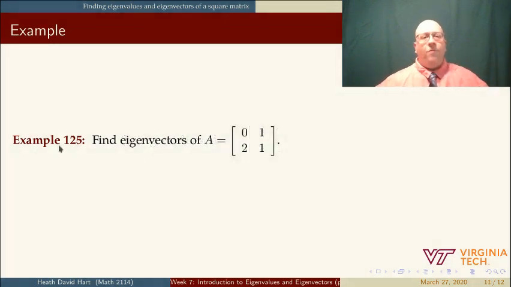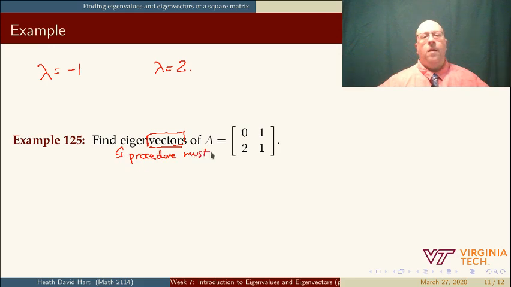Same matrix, this is example 125, but this time we want to find the eigenvectors. We saw from the last example that the eigenvalues were negative 1 and positive 2. So what we're going to have to do to find the eigenvectors is do this procedure twice, once for each of the eigenvalues.